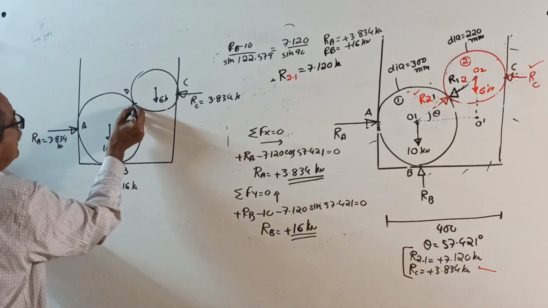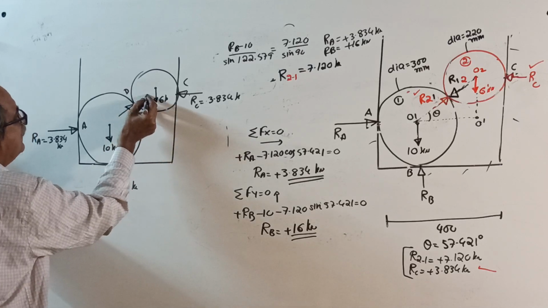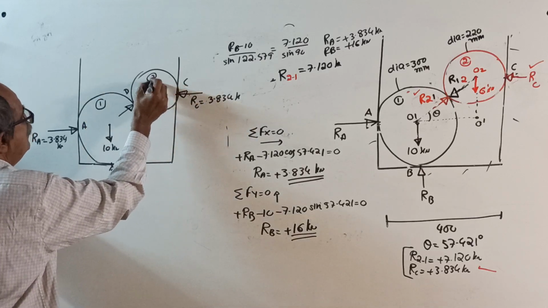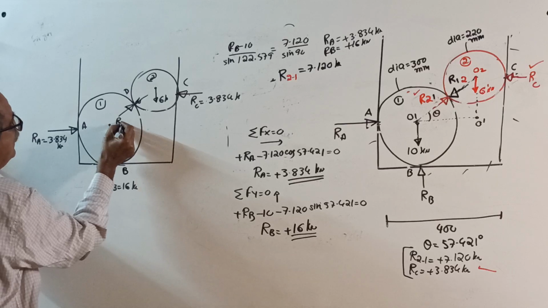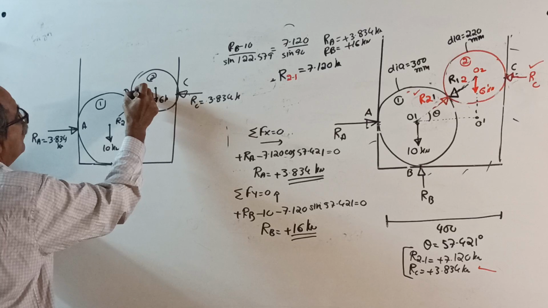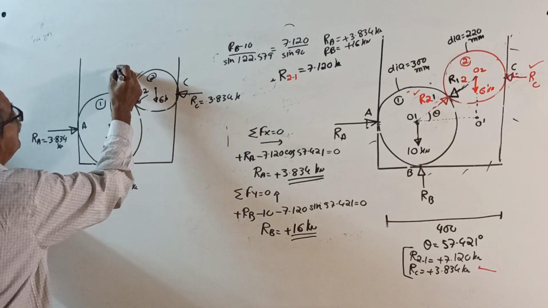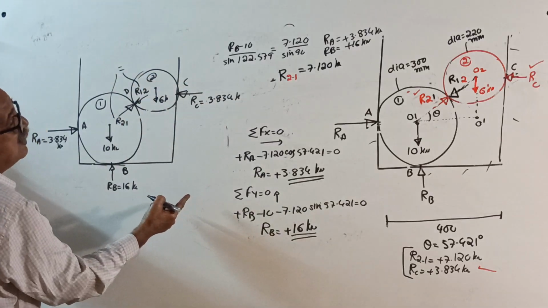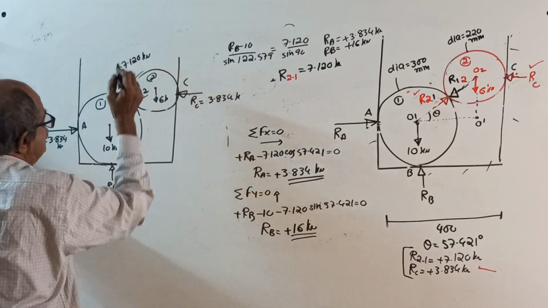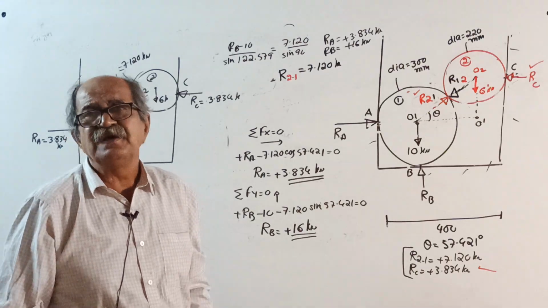And here there is a reaction and a reaction here. This is cylinder 1, this is cylinder 2. Reaction on cylinder 2 from cylinder 1, and reaction on cylinder 1 from cylinder 2, and both these are equal to 7.120 kilonewton is the answer.